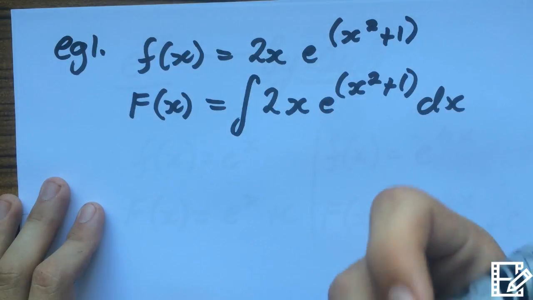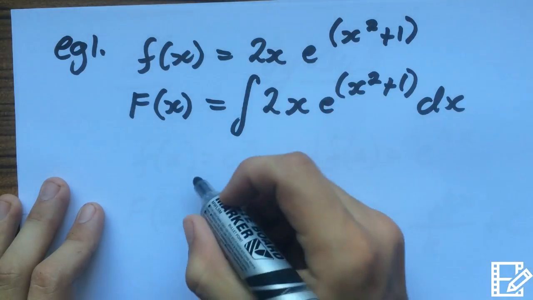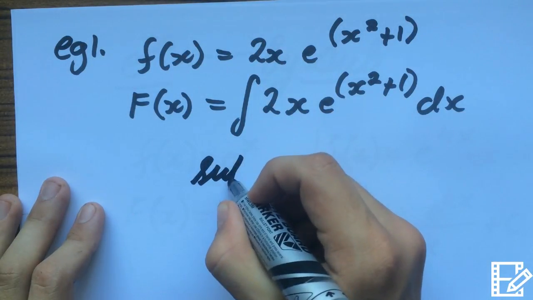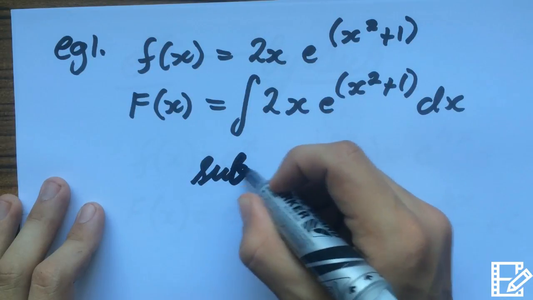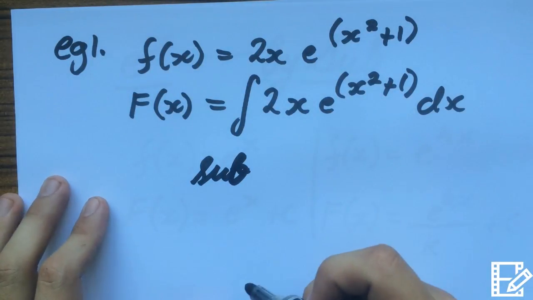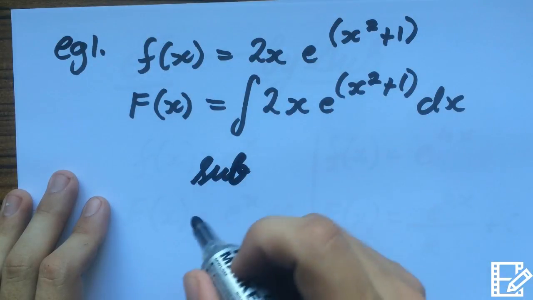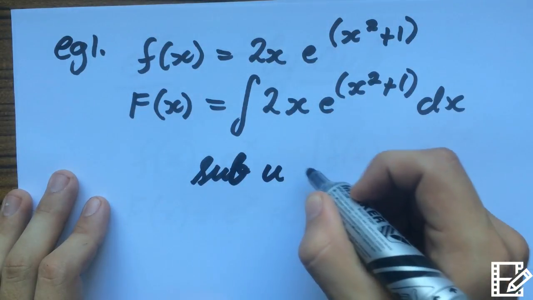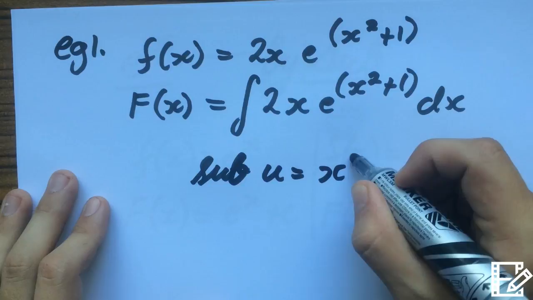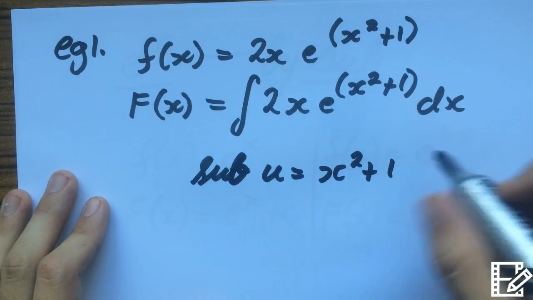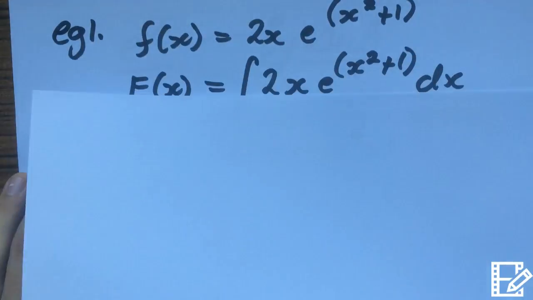We'll do the steps, which is subbing it. And that's why this is called integration by substitution, because there's a lot of substituting. So we'll sub u for x squared plus 1. Now what will that make the original equation look like?